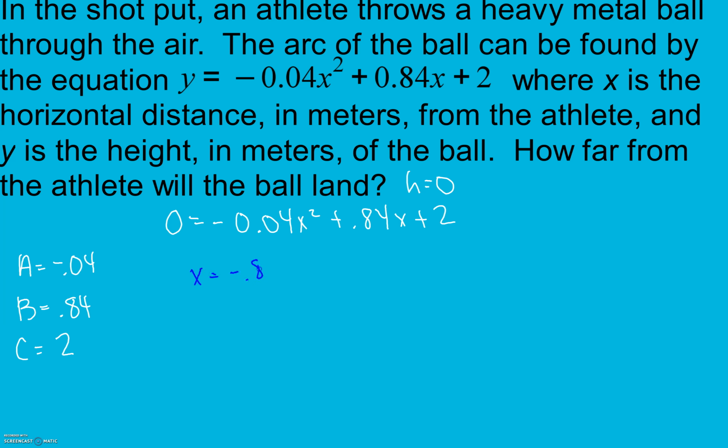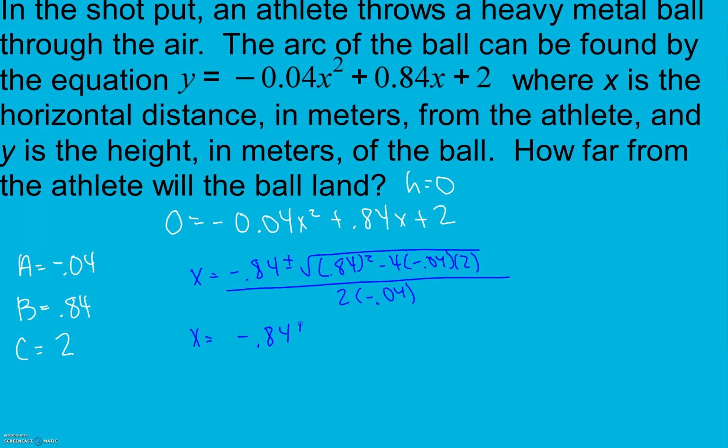Quadratic formula is negative b plus or minus the square root of b squared minus 4 times a times c all over 2a. And again, I'm going to reduce here if I can. And negative 0.08. Inside my square root, I'm going to simplify here. 0.84 squared is 0.7056.